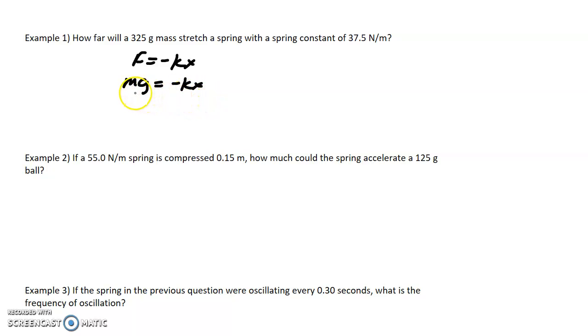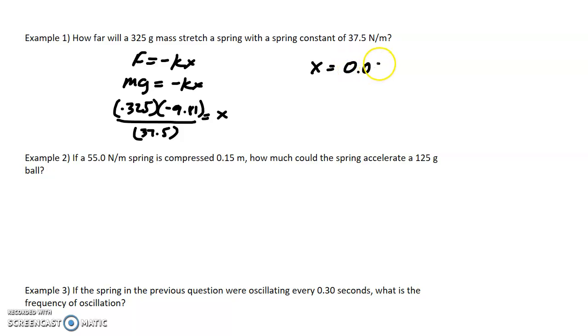And so in this case, mass being 0.325, g being negative 9.81, all divided by k, which is 37.5. We'll get you the x, or x is equal to 0.0850 meters, or 8.5 centimeters, will be the displacement.